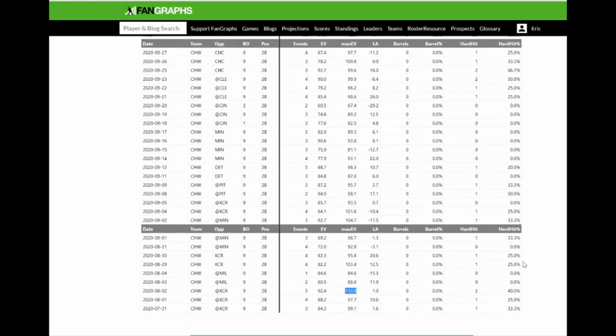And you'll see that he never comes near that anywhere else. And maybe that's because this is a smaller sample, but I'm inclined to believe that this is an outlier. It's a rarity. It's not a reflection of his true talent. That his max, when he's really squaring up a ball, is going to look more like this, 103, 105.